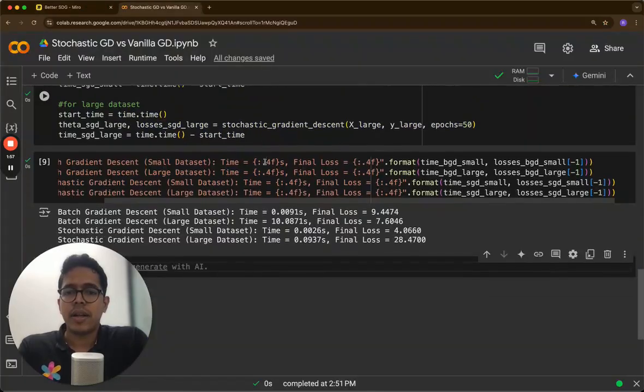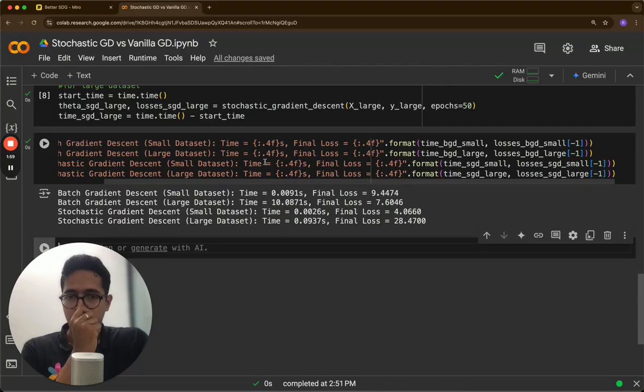Now before plotting anything, I just want to see how the loss looks. So here we can see that for the large data set, the final loss in stochastic gradient descent is actually higher.